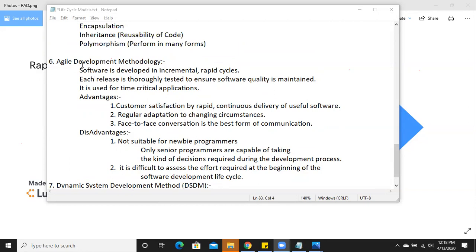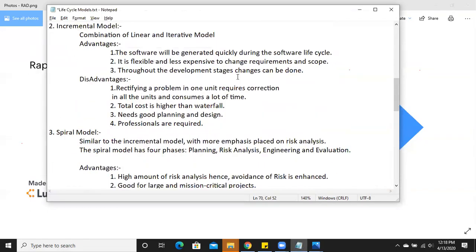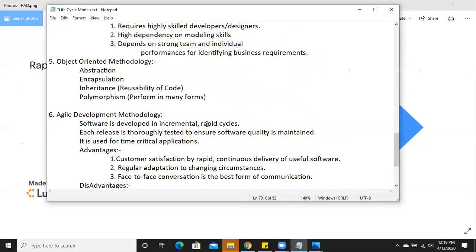So in agile development methodology, the software is developed in incremental and rapid cycles. We have already discussed the meaning of the incremental model and the meaning of rapid application development. What we have done is just combine these two models and build another framework called the agile development methodology.